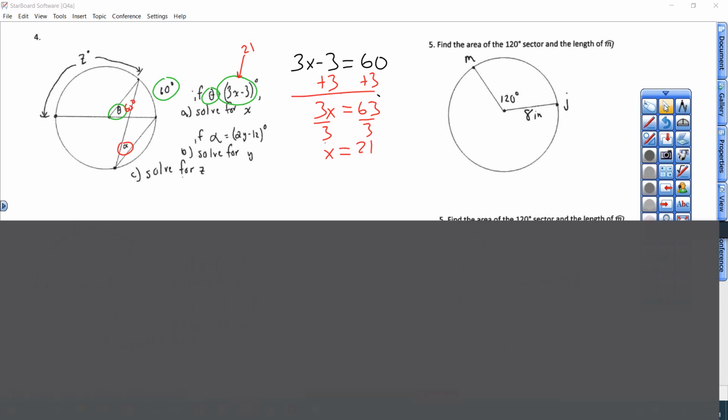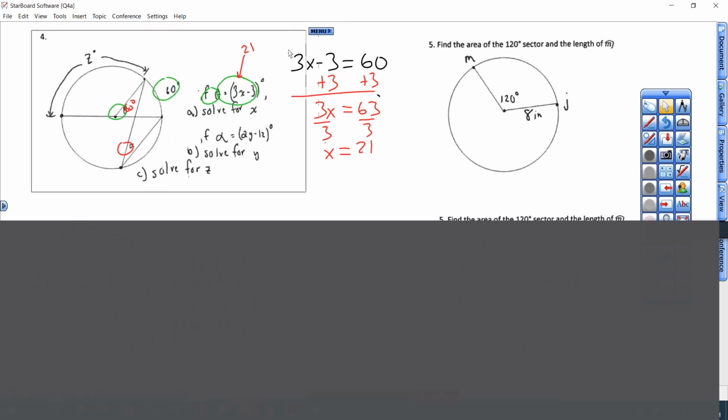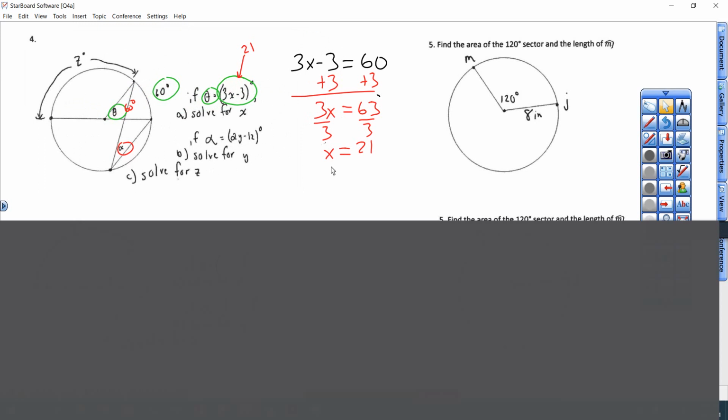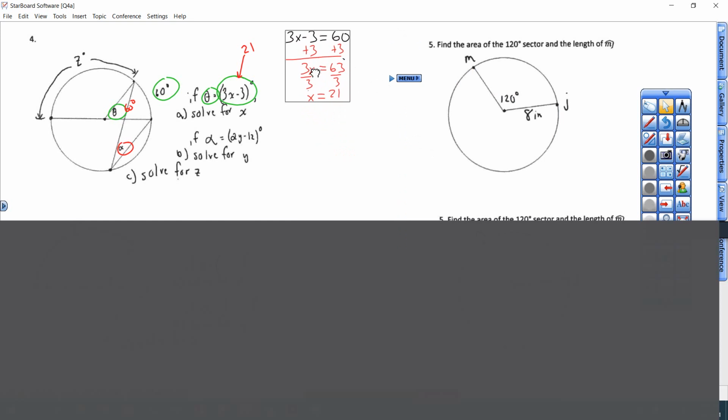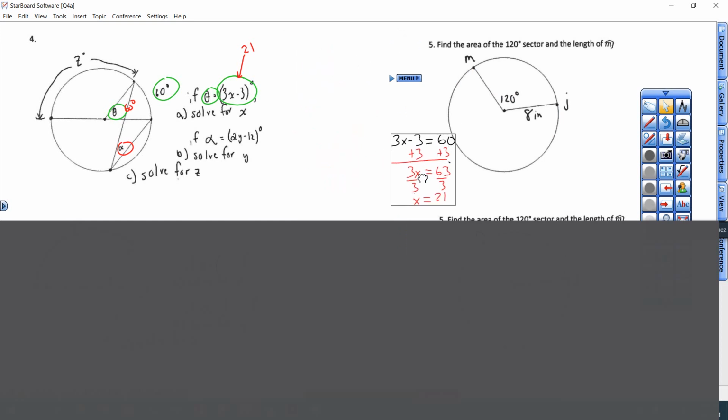And then the other one, the alpha one, you see what he gave you for the algebraic piece, right? That 2y minus 12. So that one, you don't set equal to 60, you set equal to 30. And that's the trick, 30. If you set that equal to 60, it's the middle one that equals 60, but not that little side one.